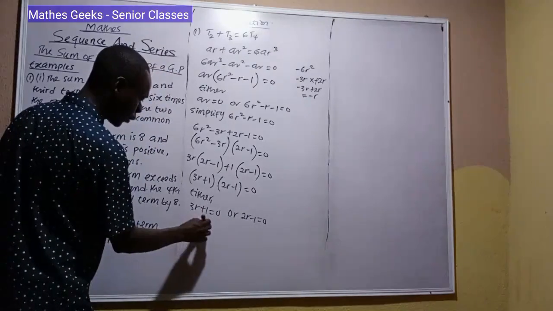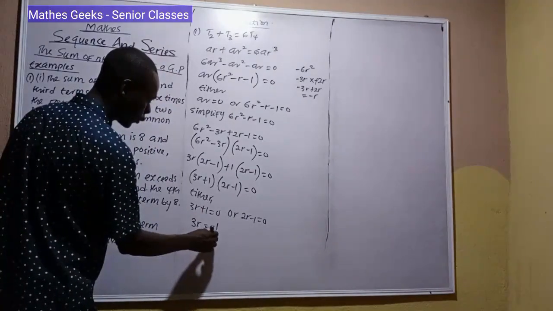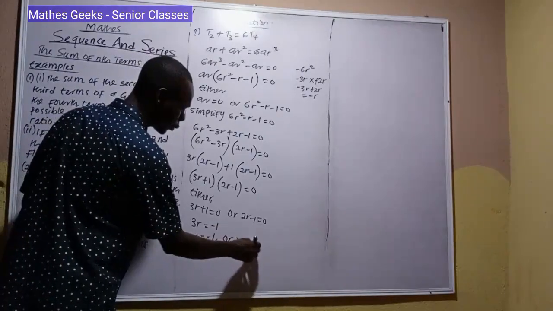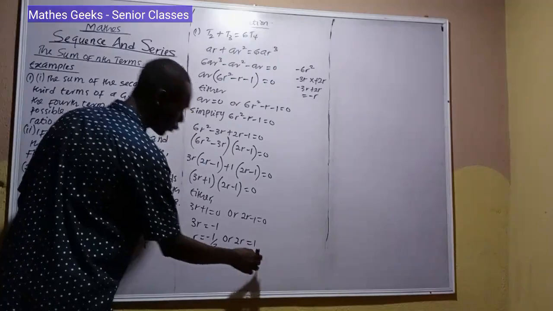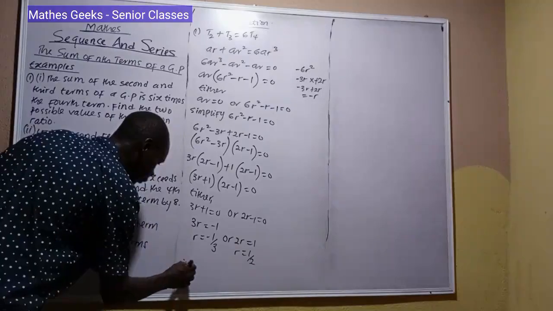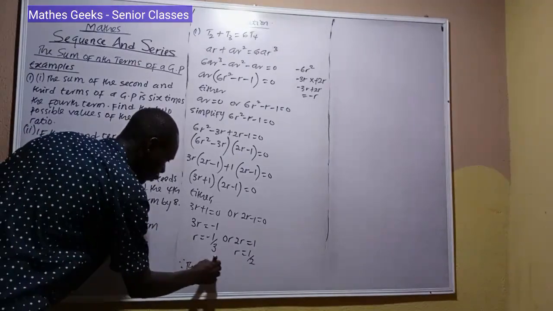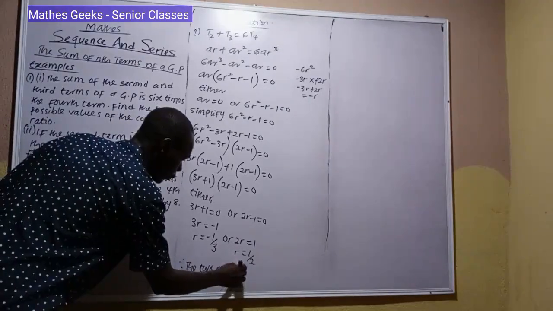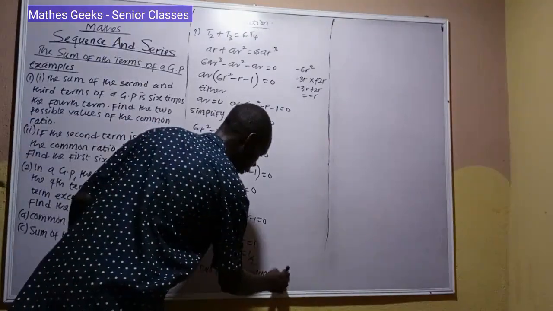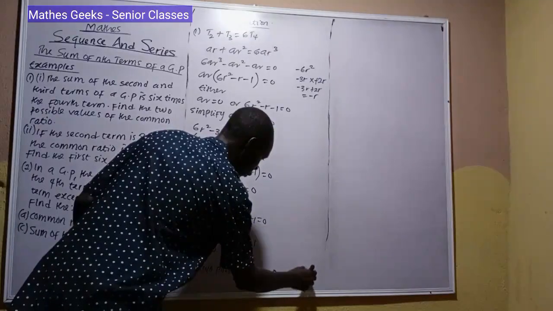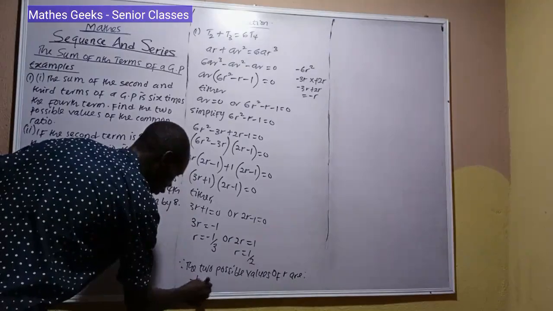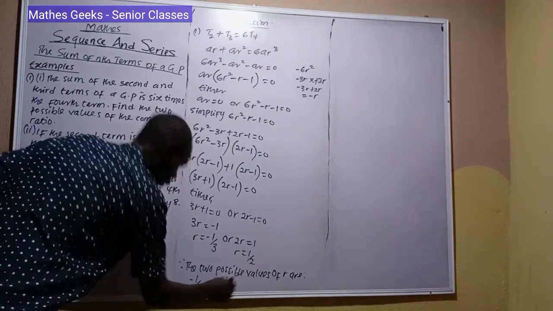So 3R is equal to minus 1, R is equal to minus 1 over 3, or 2R is equal to 1, R is equal to 1 over 2. So therefore the two possible values of R are minus 1 over 3 and 1 over 2.